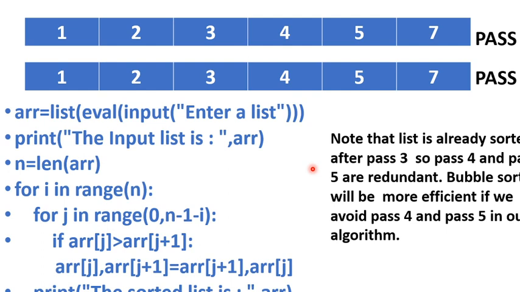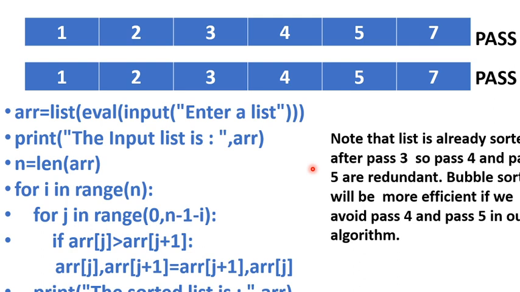Bubble sort will be more efficient if we avoid pass 4 and pass 5 in our algorithm, but it is not necessary. If you use pass 4 and pass 5, it is also bubble sort. So if you want to remove them, you can remove them also.